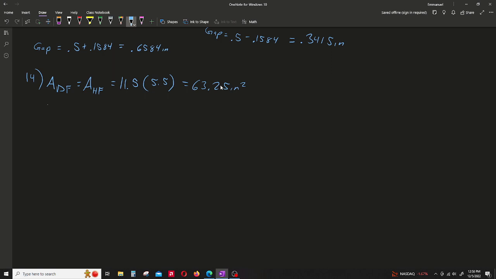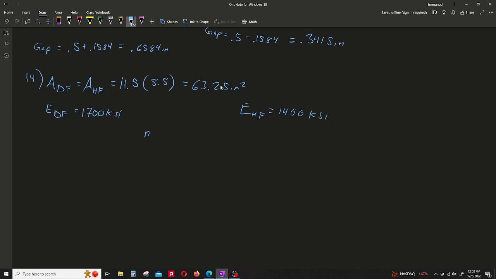Now for the E value for Douglas fir, we're using 1700 KSI, and I'm going to come over here for the E value of the hem fir.